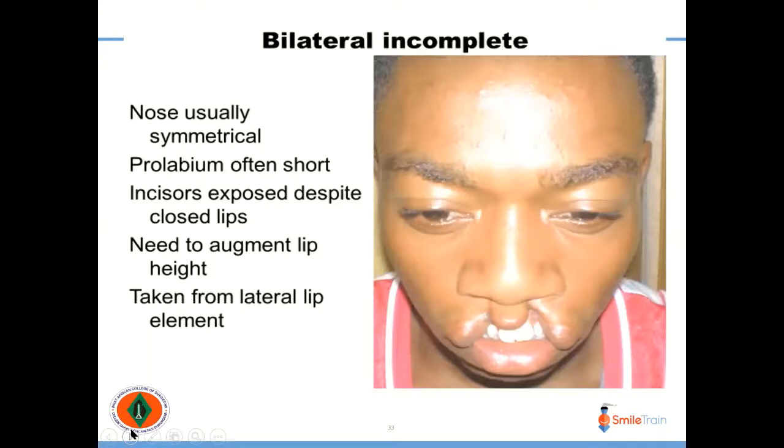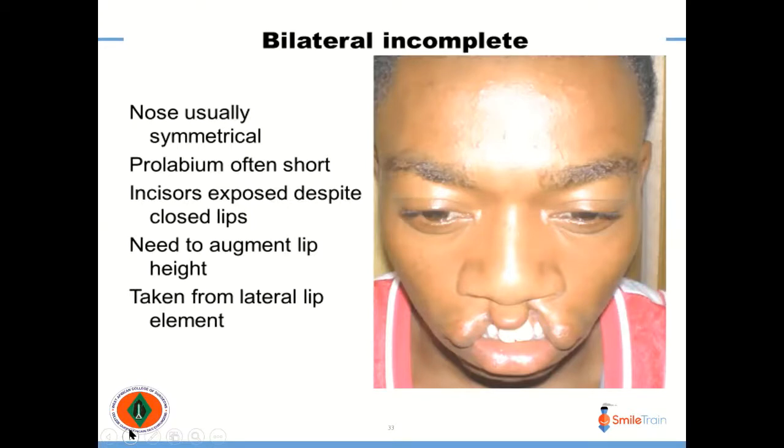Now, in the bilateral incomplete, the nose is usually symmetrical. So sometimes it's not necessary to touch the nose, sometimes. But the prolabium is often short and the incisors are exposed. As a result, just using the prolabial skin to form the philtrum will lead to some deficiency.